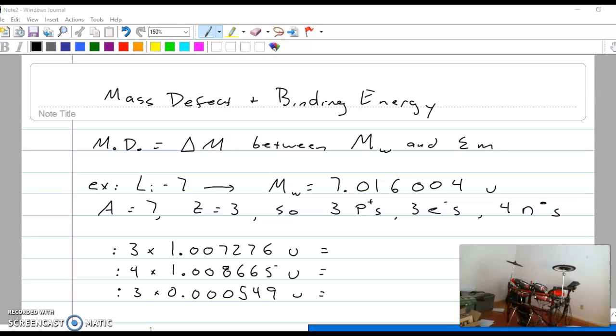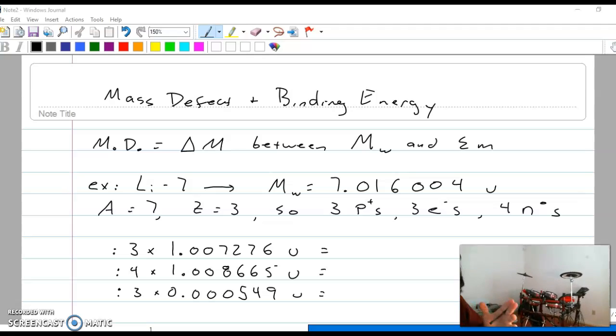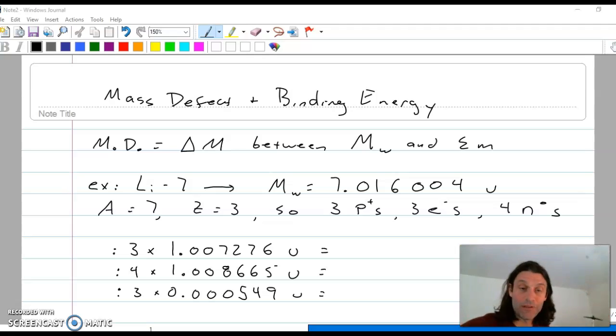It doesn't matter. But what if I disassemble that drum kit, put each individual piece on a scale and then add up all of those individual pieces? If I push the plus button, the sum of the parts will equal the mass of the whole thing. And that's very, very true. That's conservation of mass from that aspect.